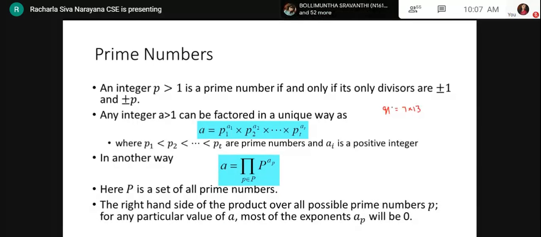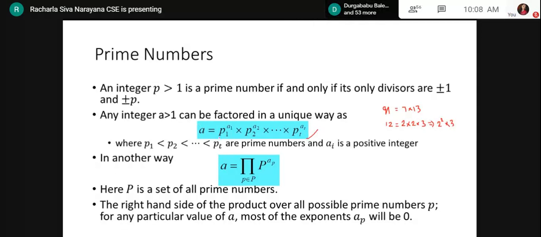Next, 12 is written as 2 into 2 into 3. This is also written as 2 square into 3.